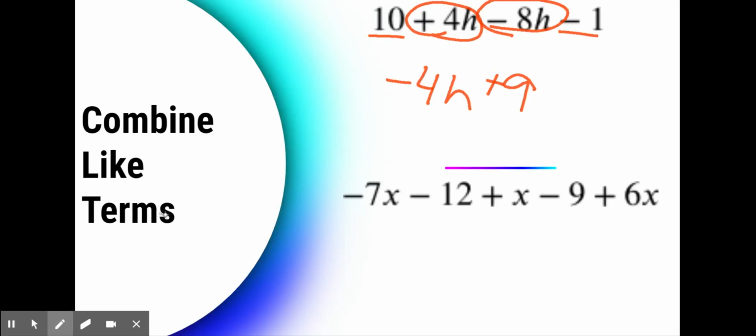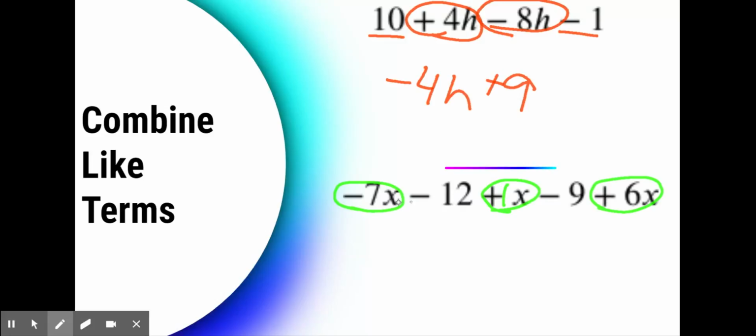My next expression is negative 7x minus 12 plus x minus 9 plus 6x. So it looks like a lot going on, but it's the same idea. I'm going to look at all my x's first. I have negative 7x plus x, and remember, if there's not a number in front, that number in front is called a coefficient. It is understood to be a 1. So this is a positive 1x. And then I have a positive 6x.